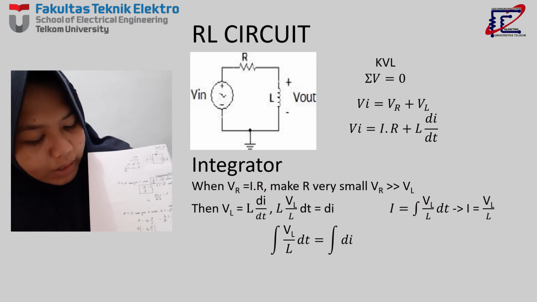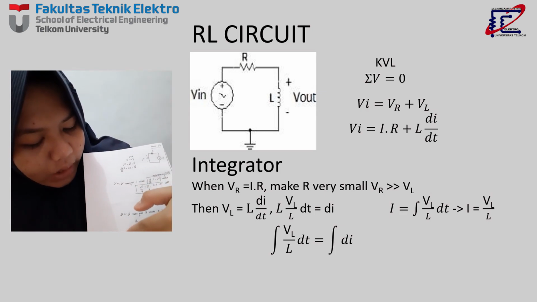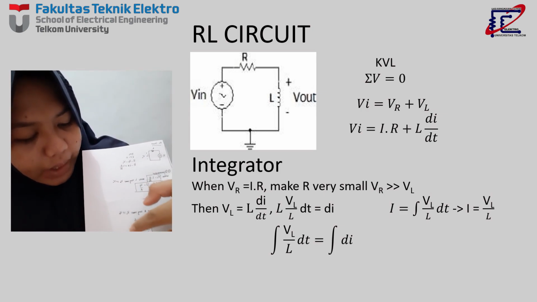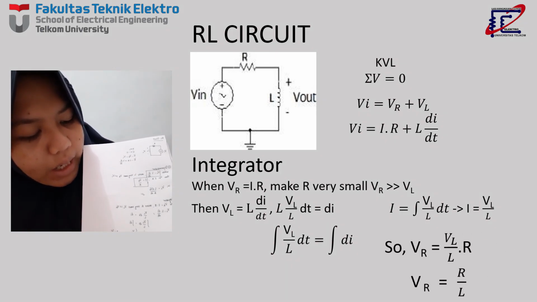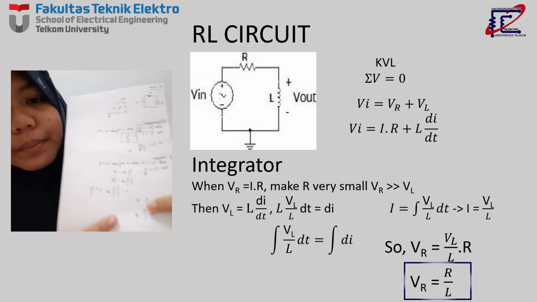So we find that I equals VL per L, so VR equals R per L.